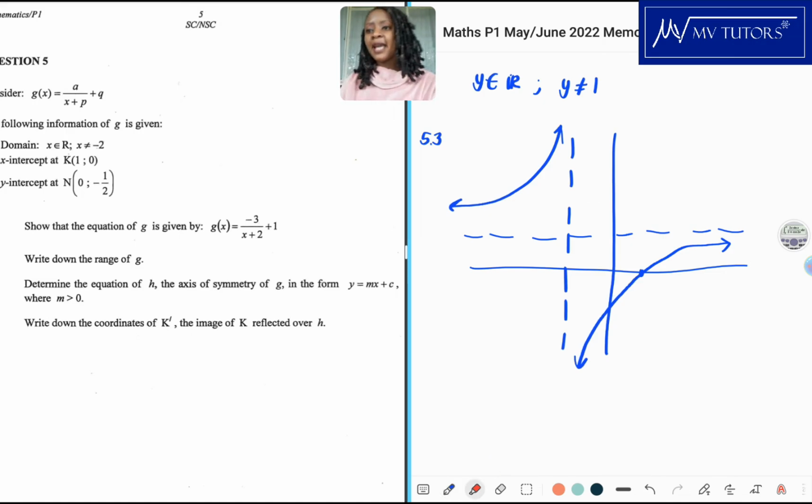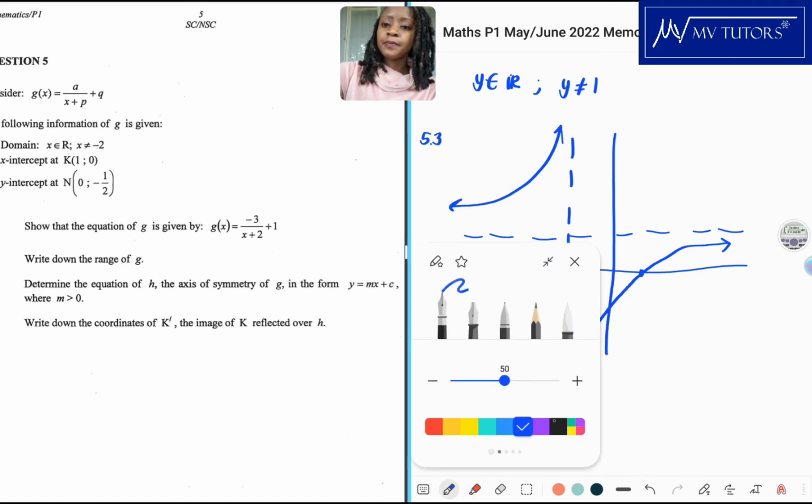Now, whenever we're looking at the equations of the axis of symmetry, please don't forget this is what they're referring to.